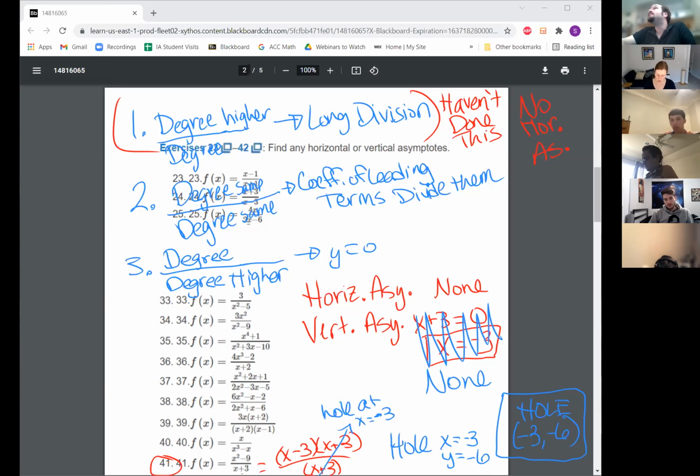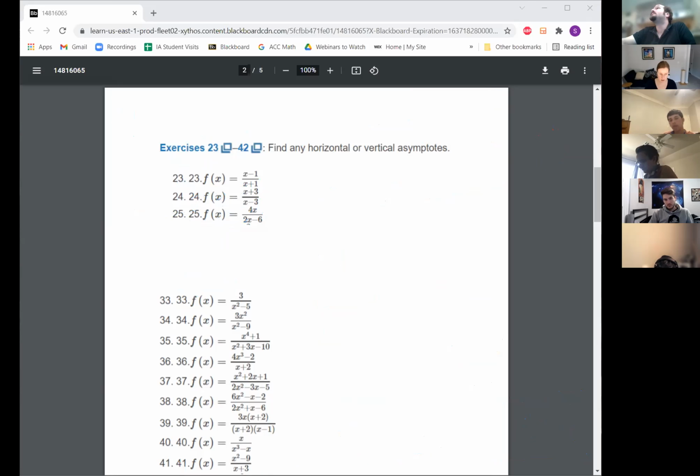No? Okay, just because it seems that this is something new or something that a few of you maybe didn't know about, let's look at 39. On 39, what cancels? What can I cancel? X plus 2. X plus 2. So that means there would be a hole at x equals -2. So I'm giving you another example with a hole.